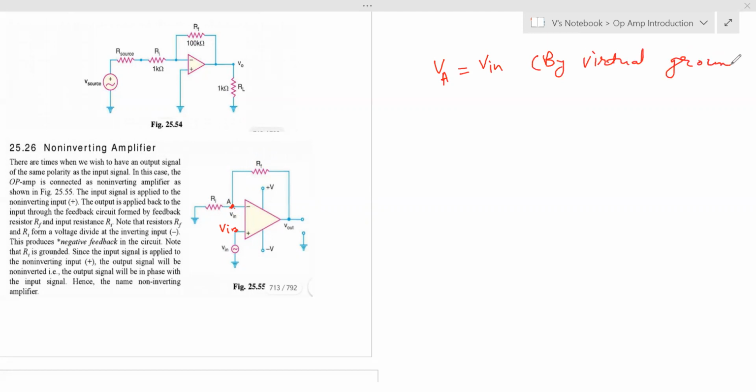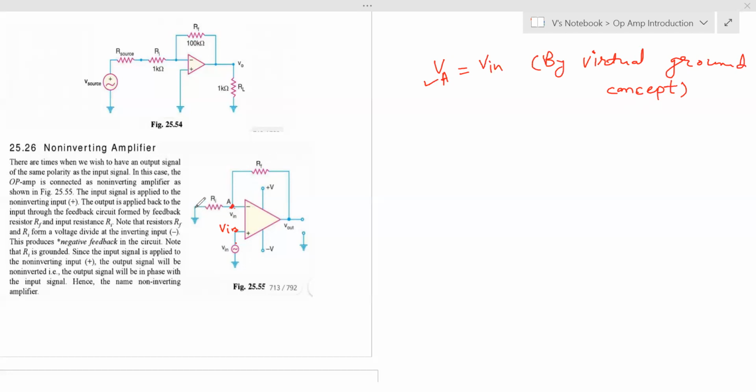Though it is not ground, the concept is called the virtual ground concept. Same potential, you can say. Ground is nothing but it is not always zero, right? Same potential points are also called ground. So this is Vin at this point A, right? By taking this clue, we are proceeding further, right?